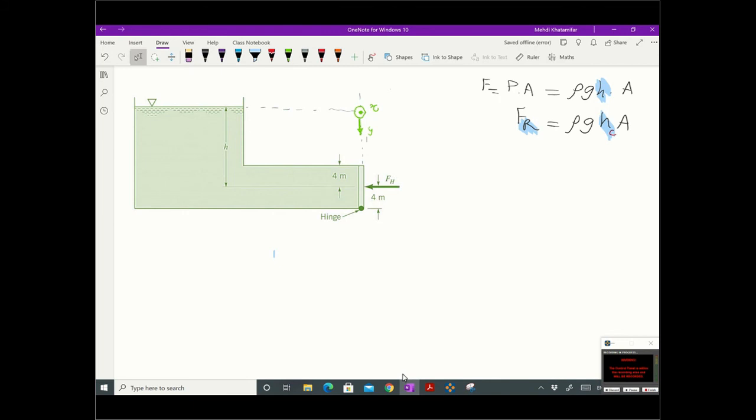So, yn is going to be 4 plus h minus y-bar. 4 plus h minus 5.33 over h, so this h cancels. So it is going to be 4 minus 5.33 over h. Check. So, what is the magnitude for fr?